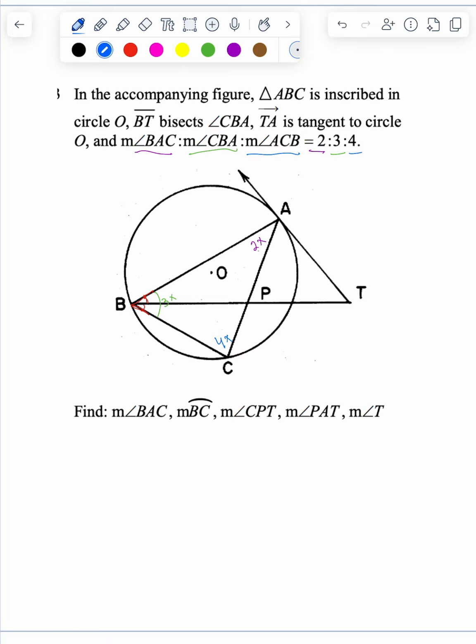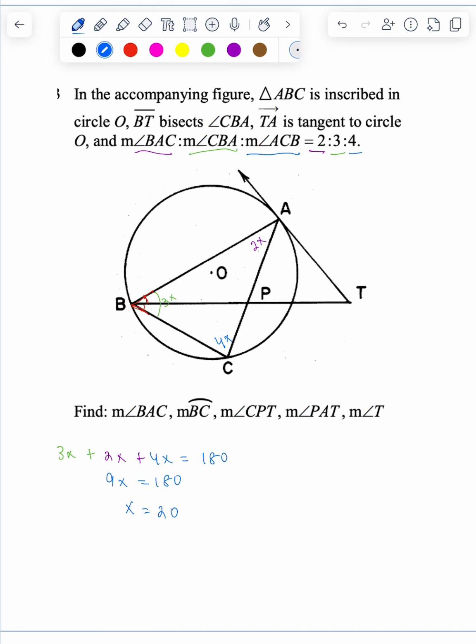I do know that all three angles of a triangle add up to 180 degrees. So I'm going to make an equation that says 3x plus 2x plus 4x equals 180 degrees. So here I have 9x is equal to 180 degrees, so x is equal to 20.